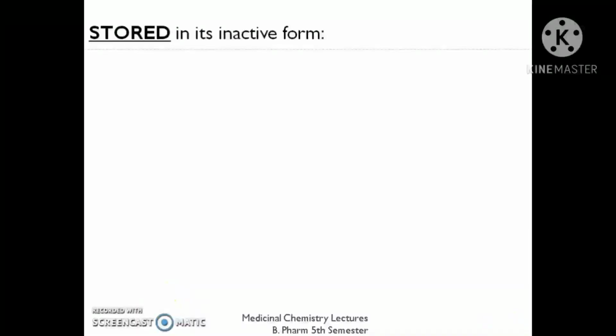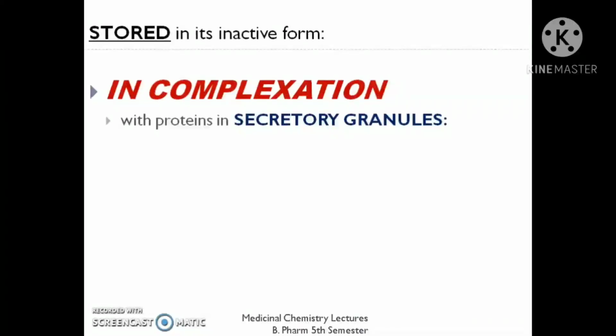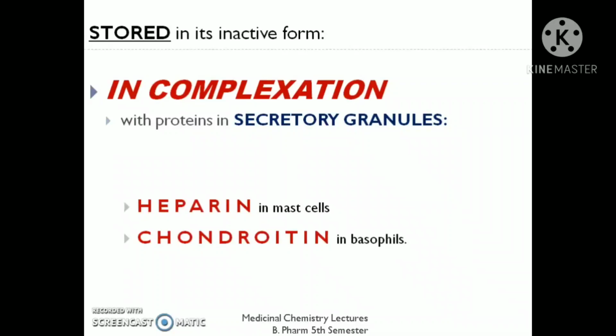The histamine that is formed inside the mast cells and basophils is stored in its inactive form in complexation with certain proteins. Example, heparin in mast cells, chondroitin in basophils. So these histamines are released by exocytosis from the granulocytes in response to various stimuli.